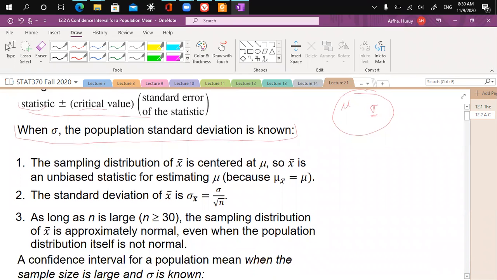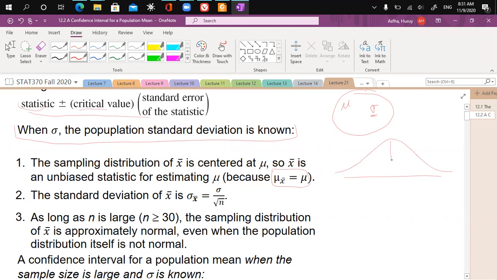All right. Now, if sigma is known, the sampling distribution of x bar is centered at mu. So x bar is an unbiased statistic for estimating mean because, well, we have this one. We know this one, mu x bar is mu. And we are saying the distribution is approximately normal.